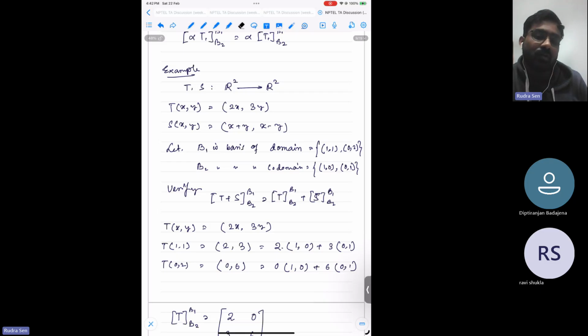First you check that those 3 vectors are linearly independent. And if they are linearly independent and the number is exact, then they can span the whole space.